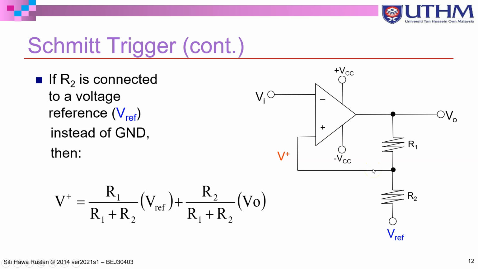And using a voltage divider and the superposition theorem, the value of V plus over here is actually this: Vref multiplied by R1 divided by the total resistance, plus VO multiplied by R2 divided by R1 plus R2. So it is cross: Vref multiplied with R1, VO multiplied with R2. Okay, so this is the voltage at the positive terminal, and this can be both positive or both negative. Your VO can be plus VCC or plus VO max, or negative VCC or negative VO max.